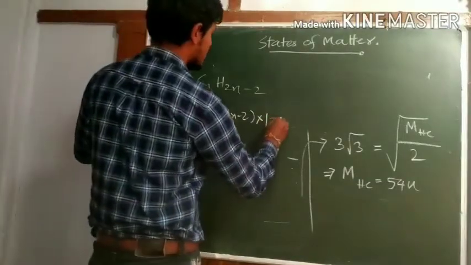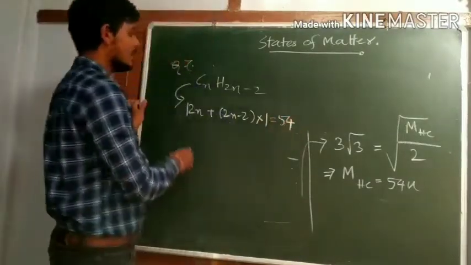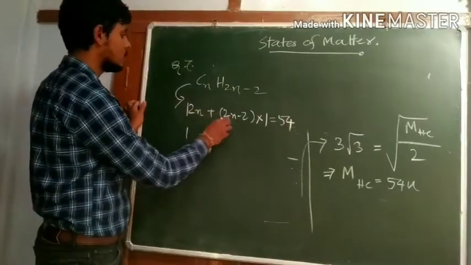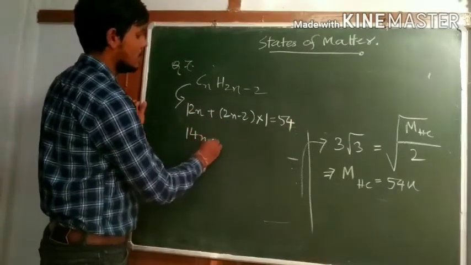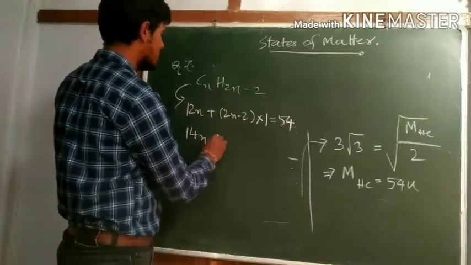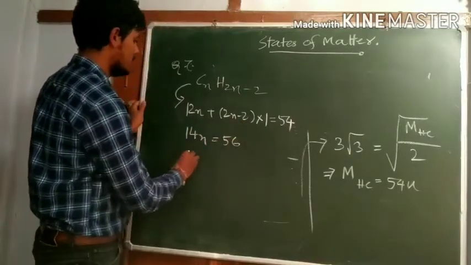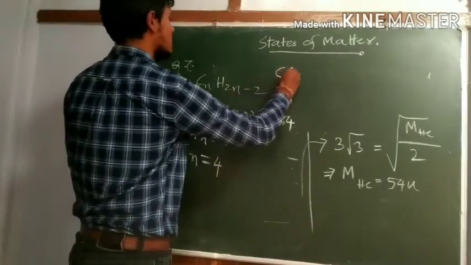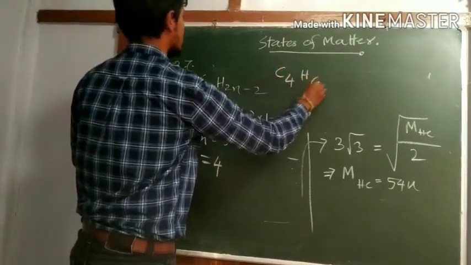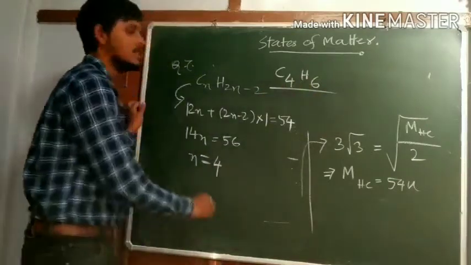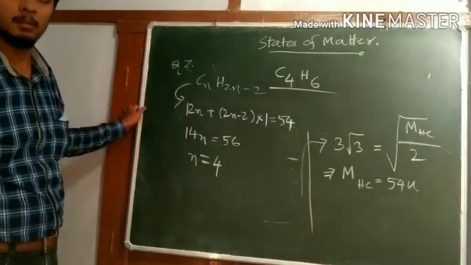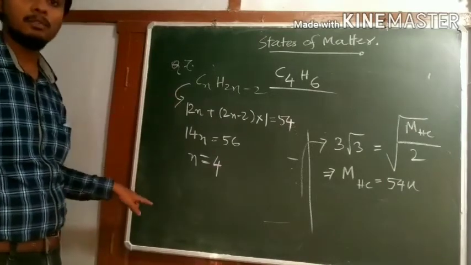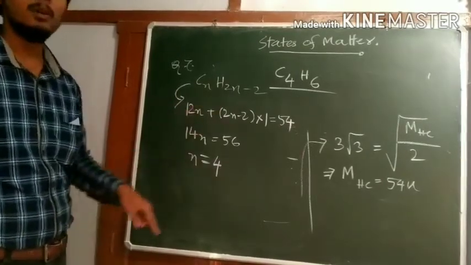It is equal to 54, which we calculated right now. 12n plus 2n is 14n, and if we bring the minus 2 here, it becomes 56. So n equals 4. So the hydrocarbon is C4H6. We have found it out using the relative rate of diffusion with respect to hydrogen gas.